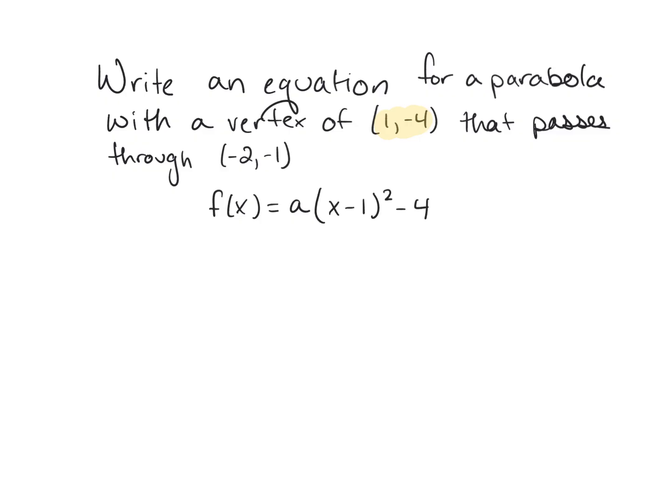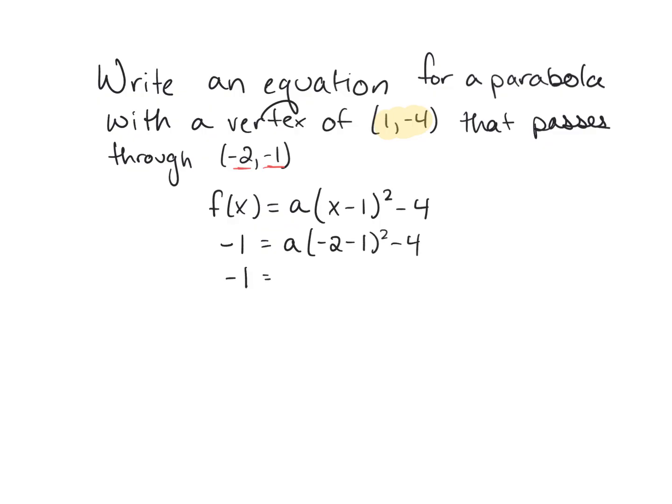Next, I am going to substitute in the 2 values right here from my second point that I was given. So, I know that -1 is the result if I plug in -2. And so that's going to be what this looks like.